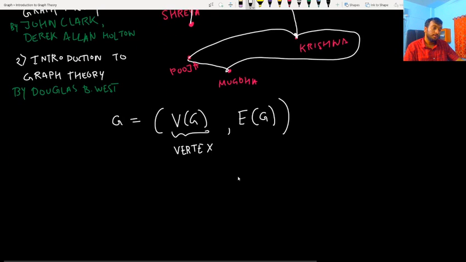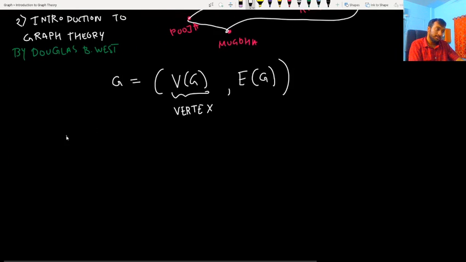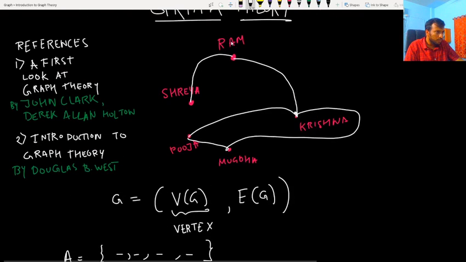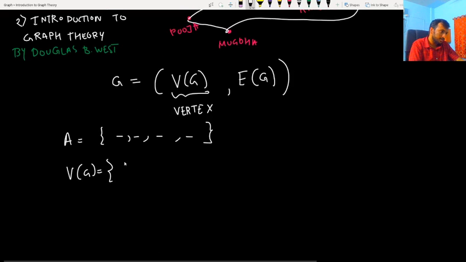Just to remind you, a set is nothing but some collection of objects. For example, our vertex set here is nothing but the set of people here. Who are the set of people here? The first person is Ram.